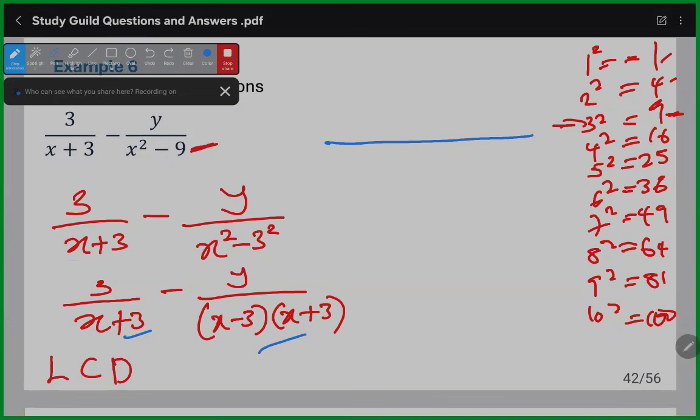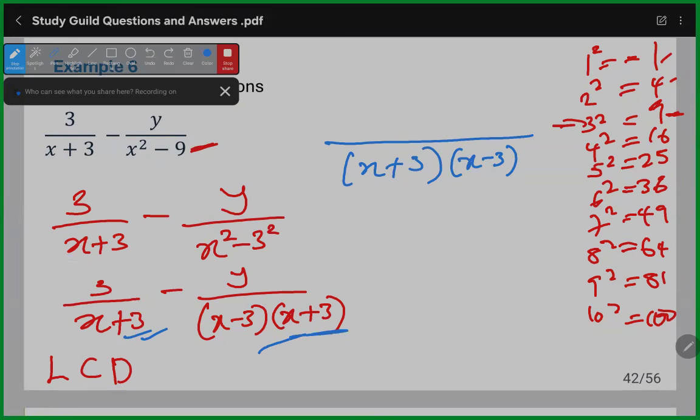So here I have x plus 3 for the first expression. Then for the second one, I now have x minus 3. But I cannot write x plus 3 again because I already wrote x plus 3, so I'm not going to repeat it.